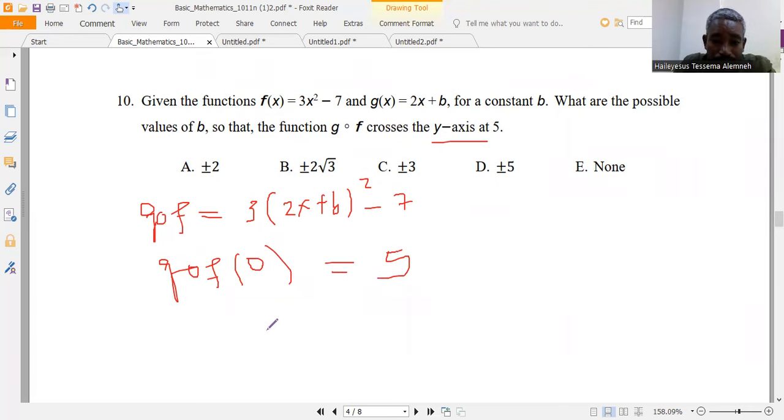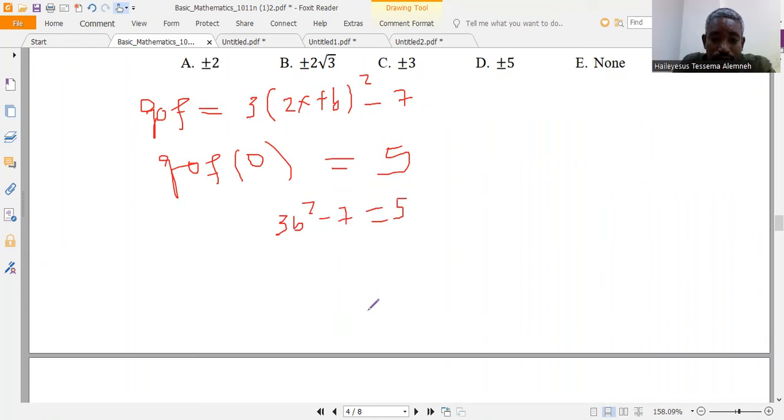So when x is 0, 3 times b squared minus 7 is equal to 5. Rearranging, 3 times b squared is equal to 12.